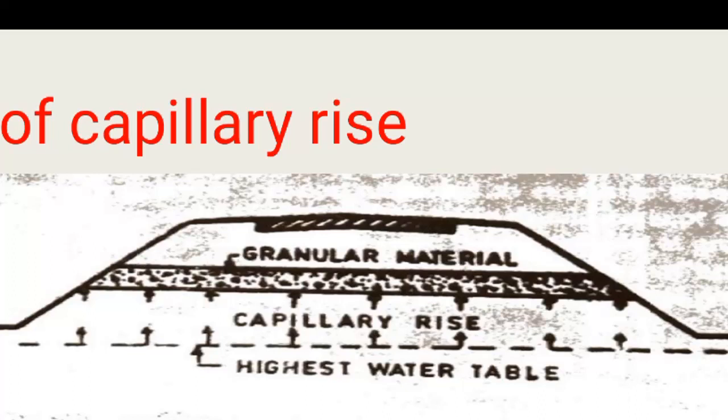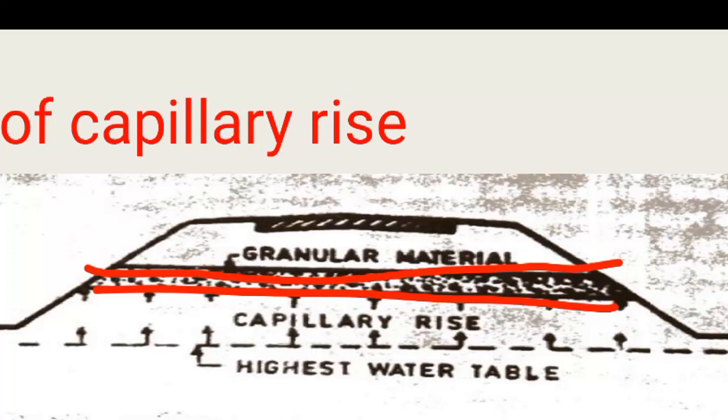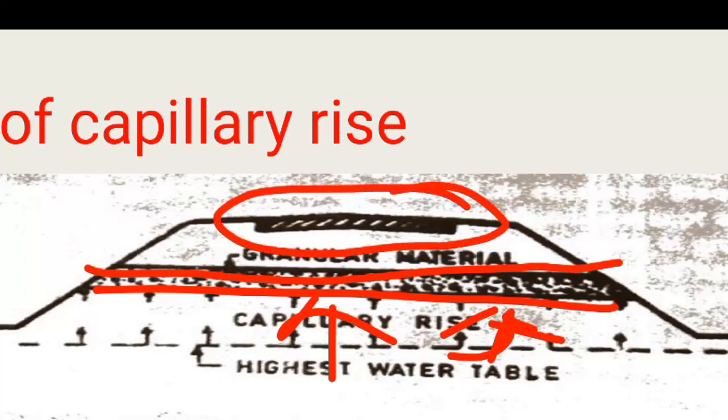Here granular material is laid, and as the capillary rise will occur and try to move up, this granular material will take out the excess water and it will not allow the pavement to damage.